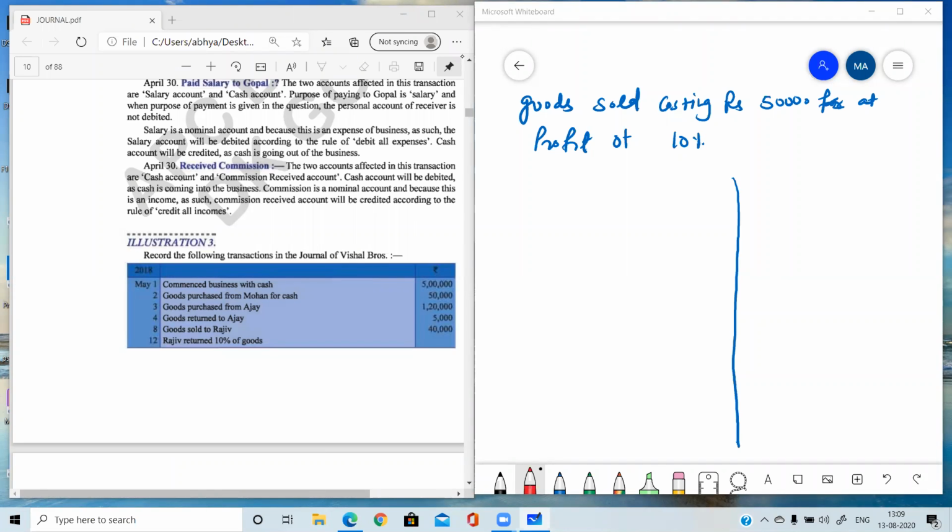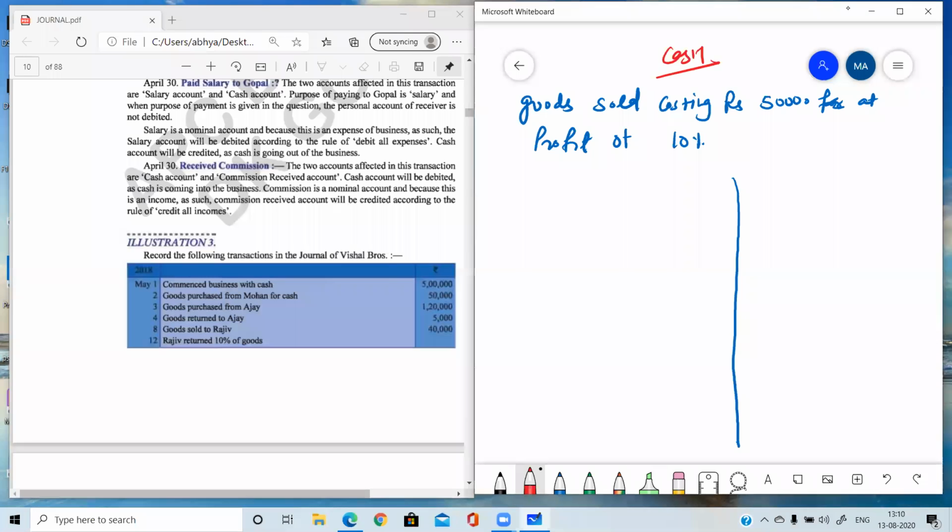It means the transaction is on cash or credit. Yes, it is on cash. The transaction is on cash.